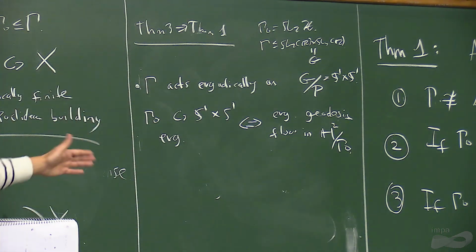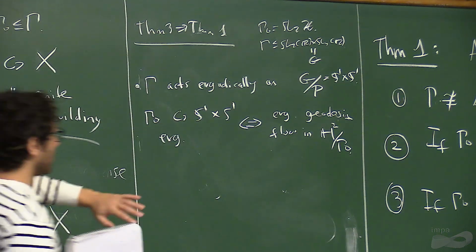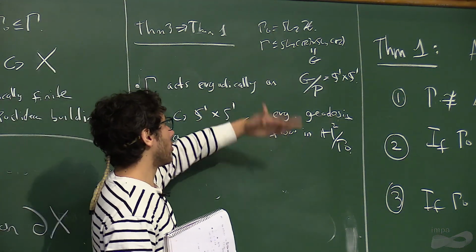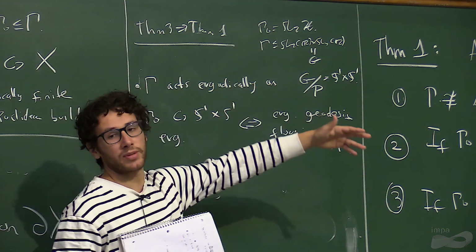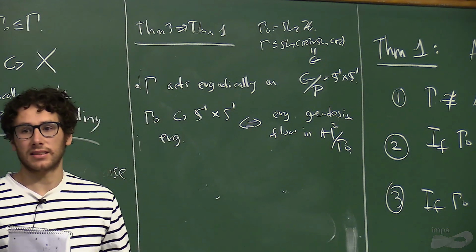Yeah, and actually he proved that if you act ergodically in G mod P times G mod P, then you're itself a lattice.